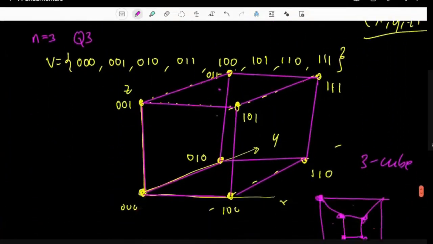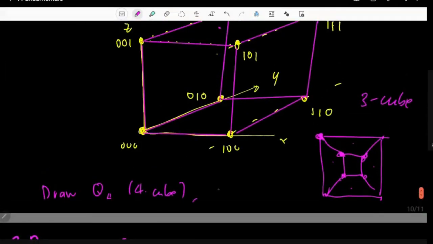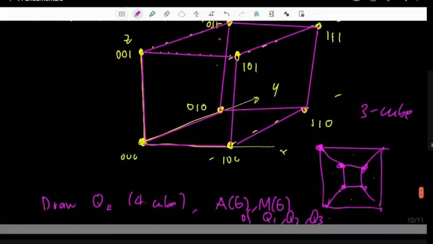Q4 is already a bit large, so I'll not ask you with Q4. So construct AG and MG of Q1, Q2, and Q3. Okay? So those are your exercises, again, for you to determine if you were able to understand the lesson.